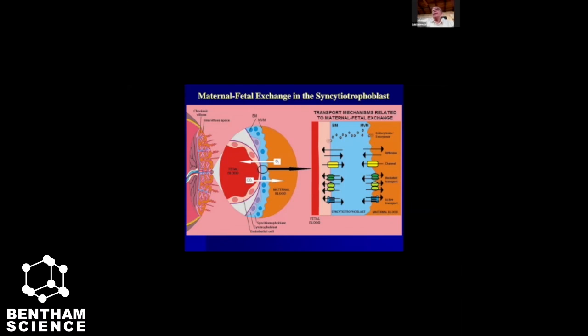We have shown that the plasma membrane calcium ATPase is present in both membranes, BM and MVM, and it is also known that the sodium potassium ATPase is present in both membranes.